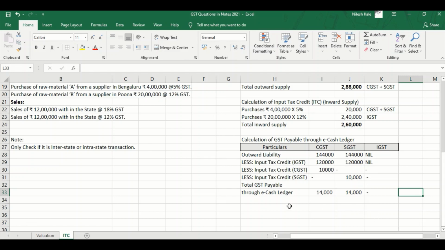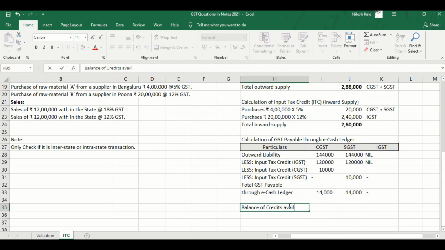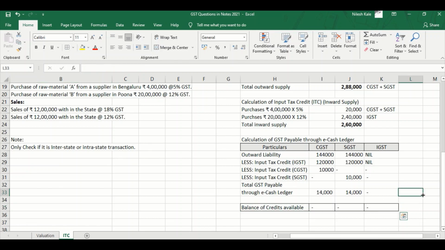So that's all about your question. Balance of credits available is 0, 0, 0, right? I will bold this, or give a border to this, and this ends your question.